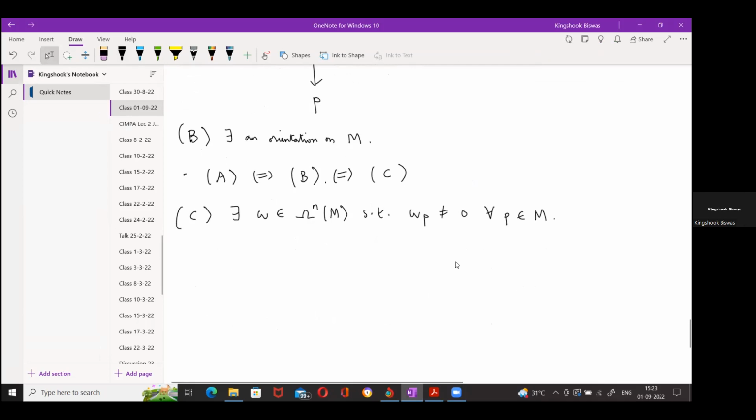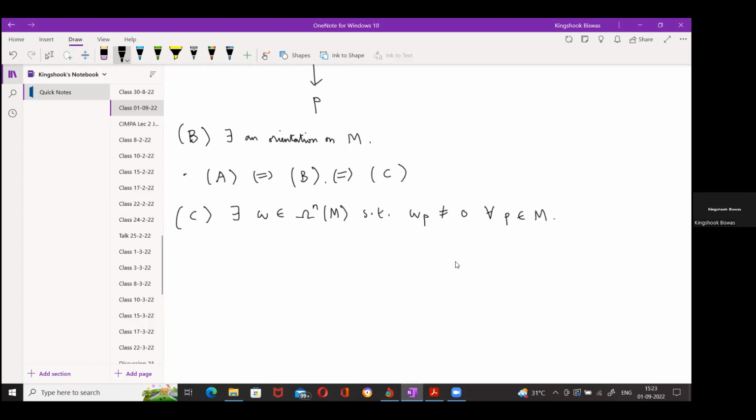It's a good exercise to prove that C is equivalent, for example, to A. It's easier to prove that C is equivalent to A. A and B you already know are equivalent. So just prove that C is equivalent to A.